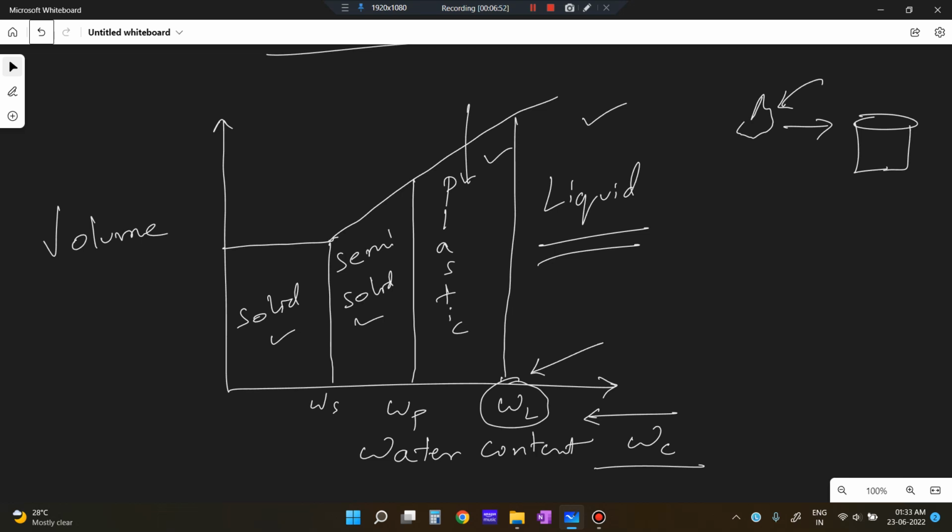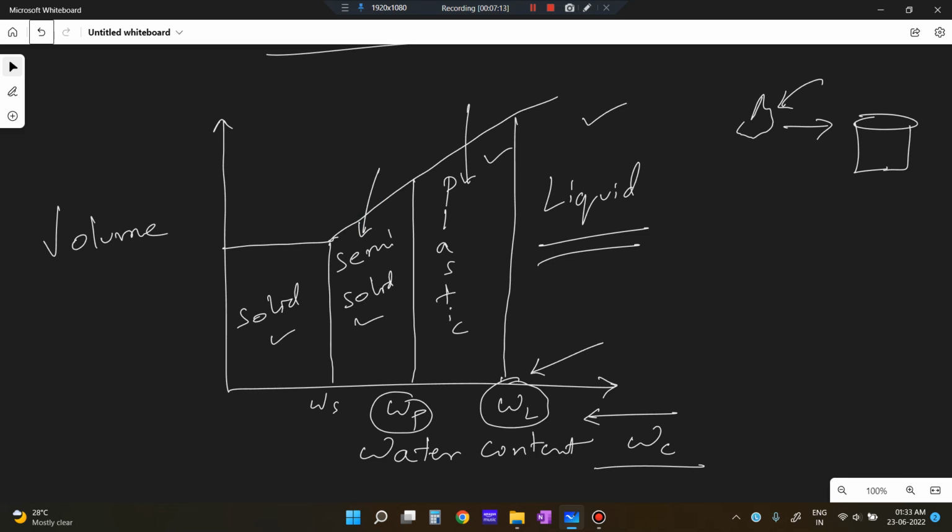Now, if the water content is further reduced beyond this WP, then the state of the soil will change from plastic to semi-solid.